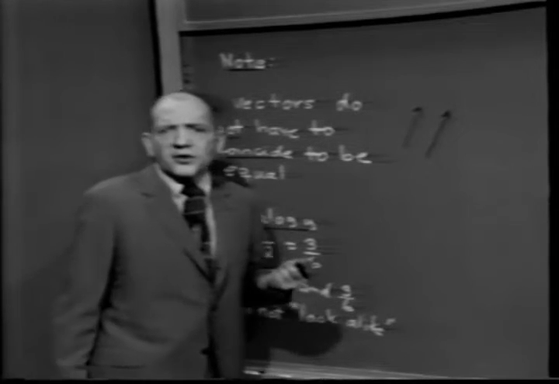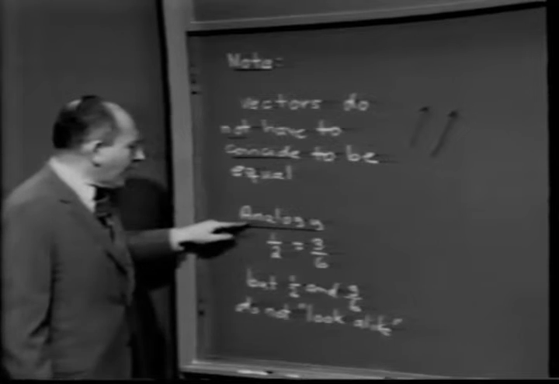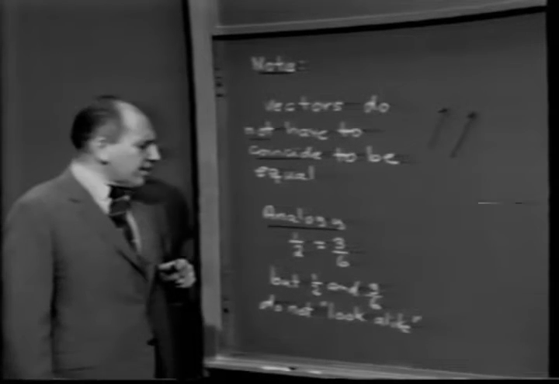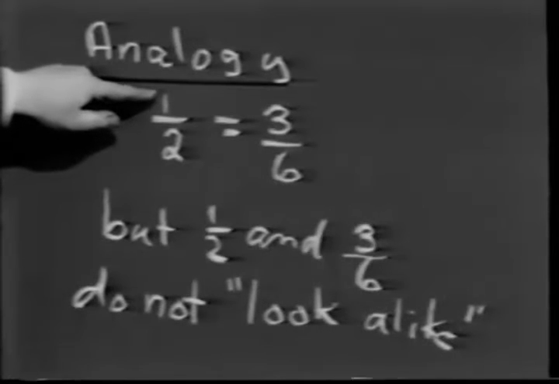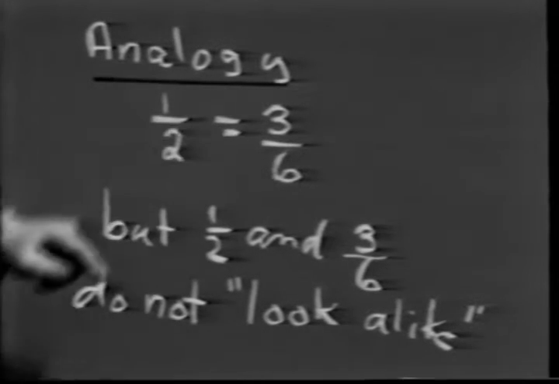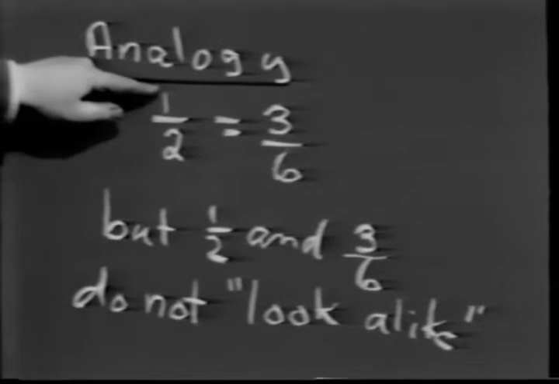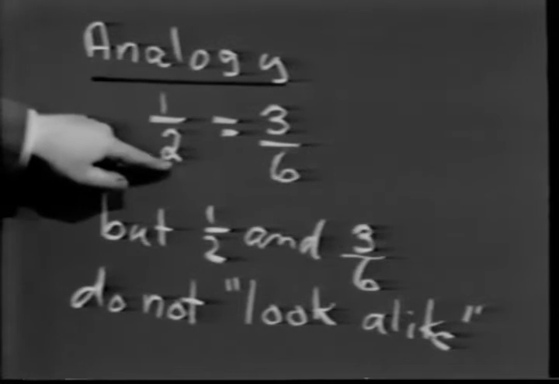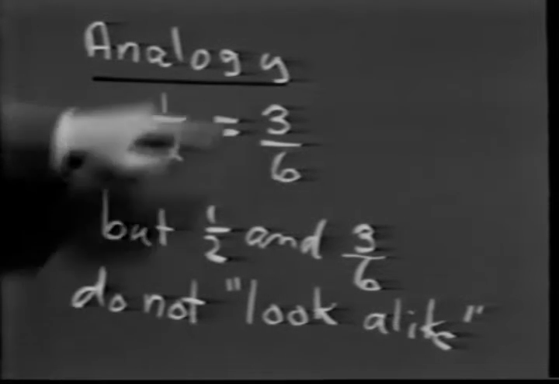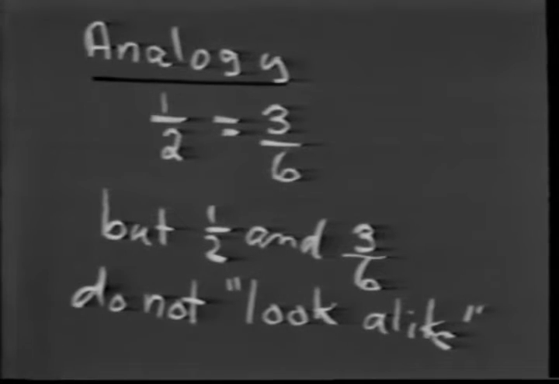Way back around the 3rd or 4th grade, here's a little analogy. You get used to saying 1/2 equals 3/6. But obviously, the ordered number pair 1, 2 and 3, 6 look different. It certainly makes a difference physically whether you cut a pie in half and take 1 piece or cut the pie into 6 pieces and take 3 of them. The physical process is different.